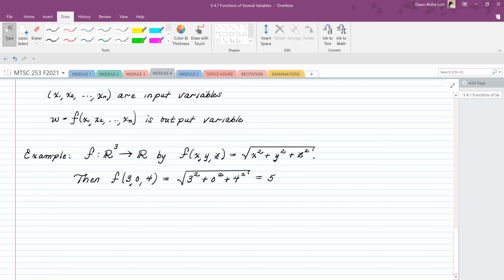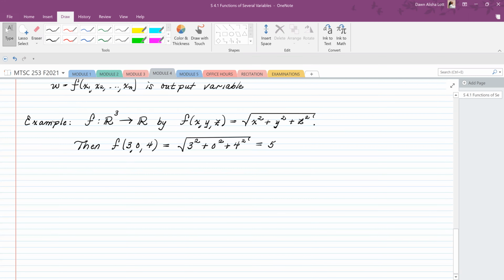So one of the things we need to do is look at the domain of these real valued functions. Generally finding the domain is easy.